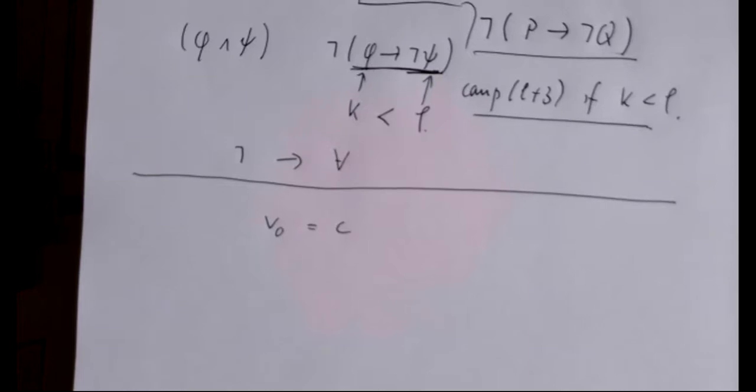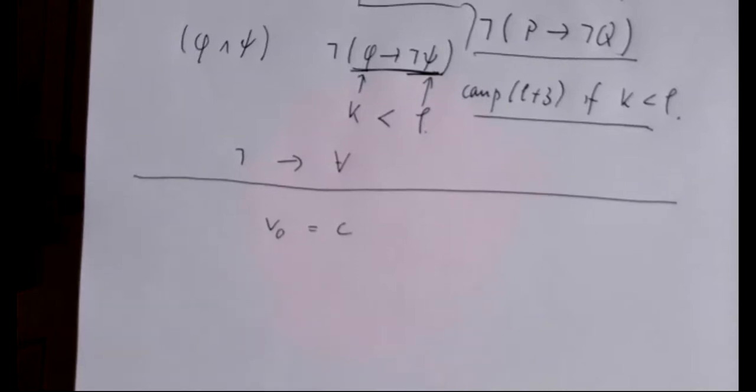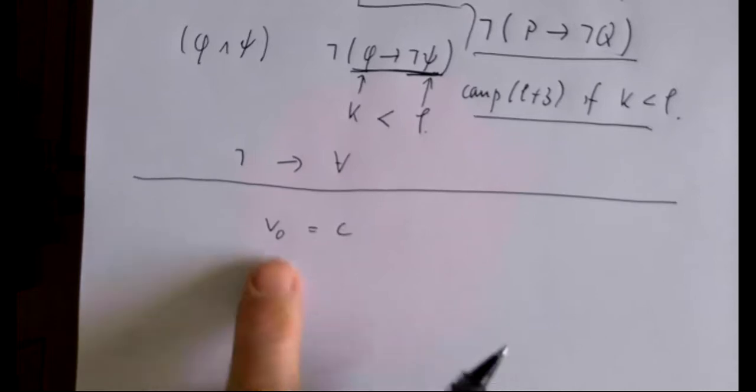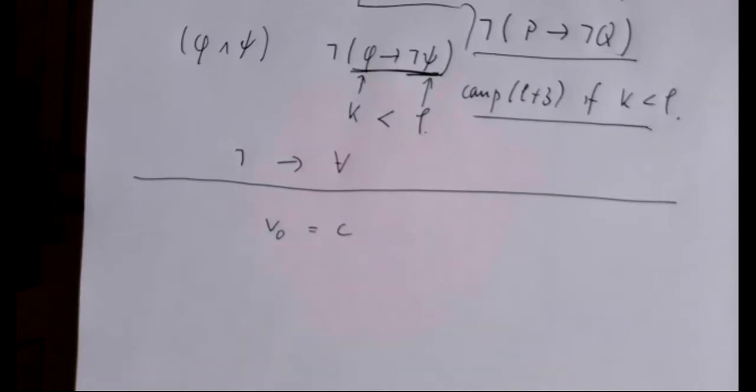If I were to interpret this in a structure, whether it were true or false in the structure would depend upon what I'd assigned to V0. If I assigned something that C was assigned to, then this would be a true statement.